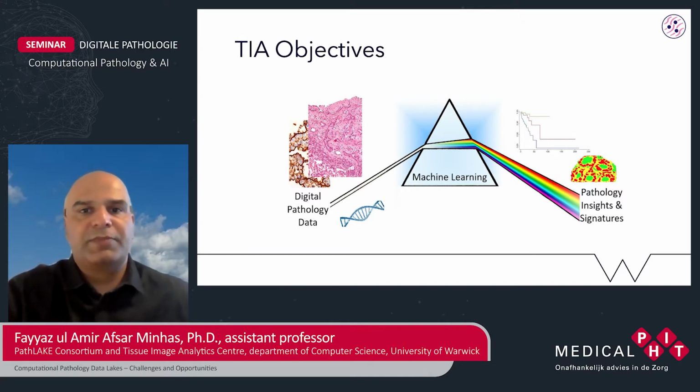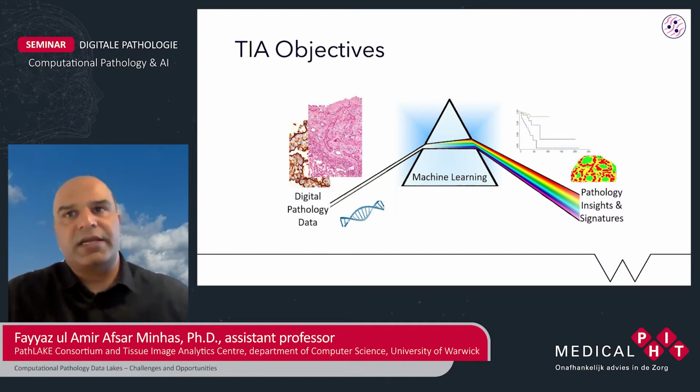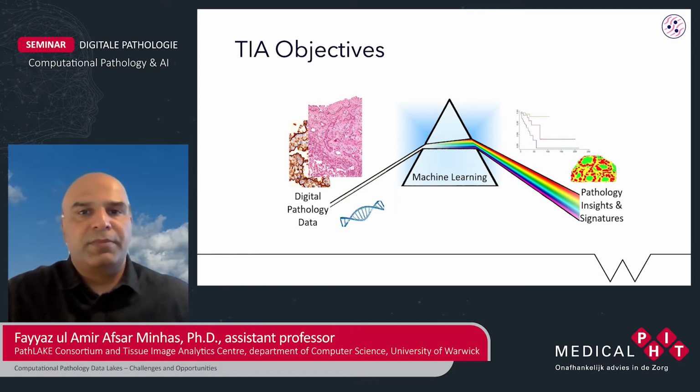We're working on various projects related to multiplexed imaging, as well as spatial transcriptomics, and we want to apply machine learning and pattern recognition on that to gain insights into the behavior of the disease, the prognosis of patients, as well as identifying different morphologically and pathologically significant constructs within these images and data. So that's the overall goal of our center.